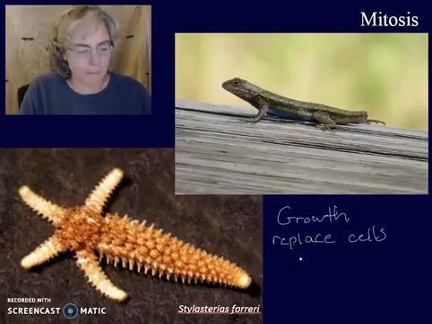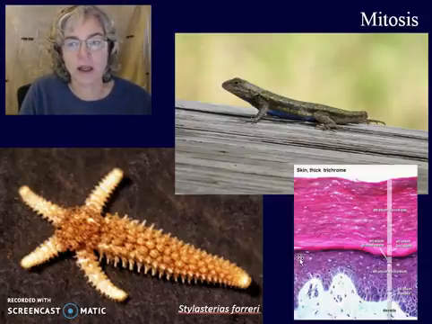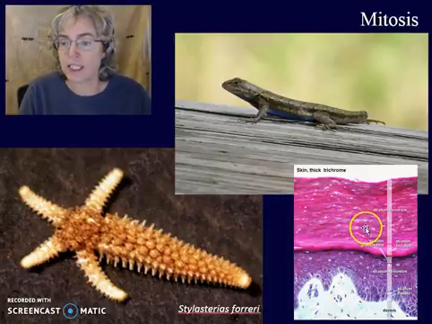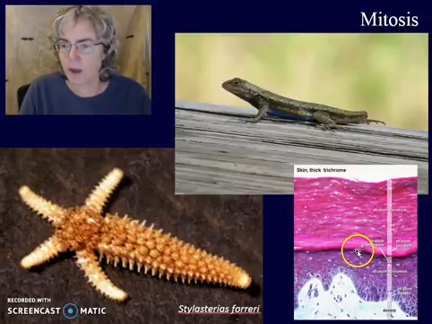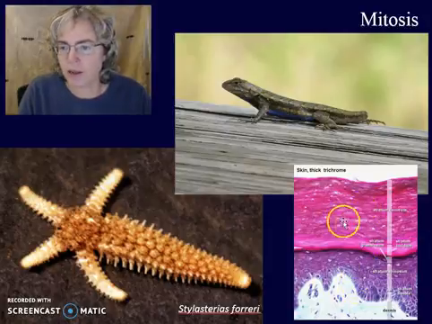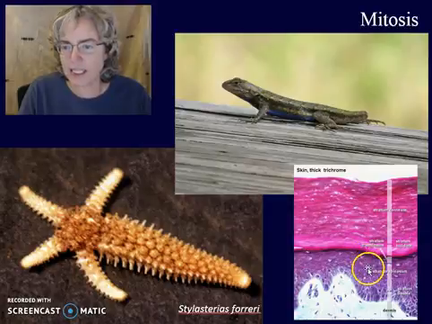What else? We also want to replace cells that we've lost. So, for instance, this is skin cells. And what you're seeing right here, just to orient you, this is your outer skin that gets sloughed off, and this is the inner cell.